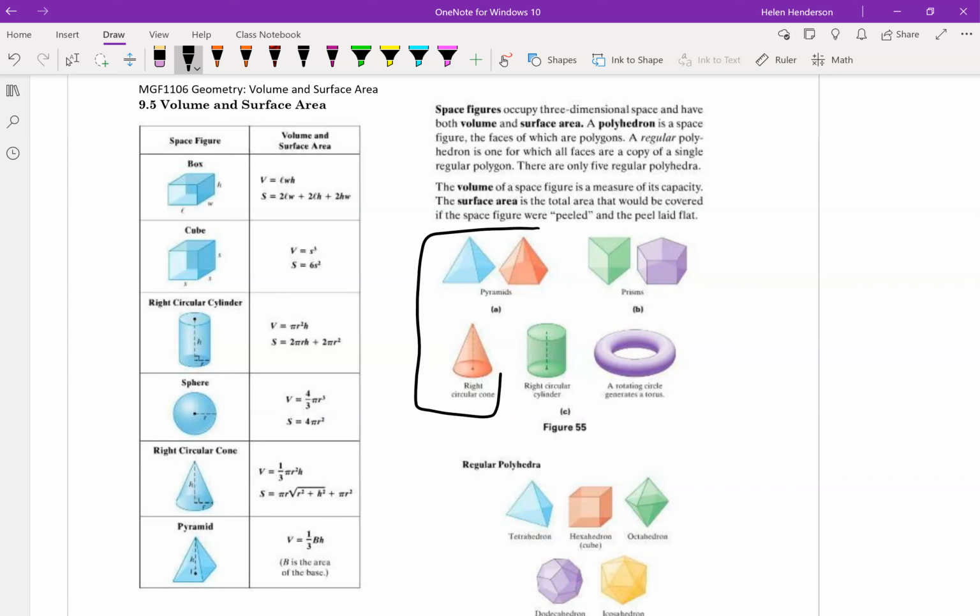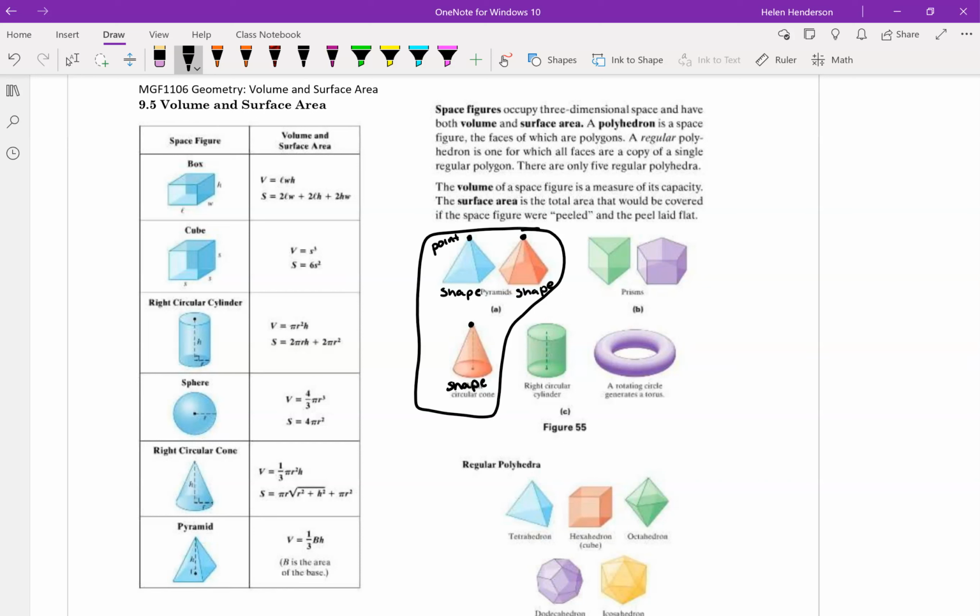Now, check out these three pictures. What's similar about them? Well, they all start at a shape, which I will refer to as the bottom, and then they all end at a point. So there's a shape on the bottom and a point on top.